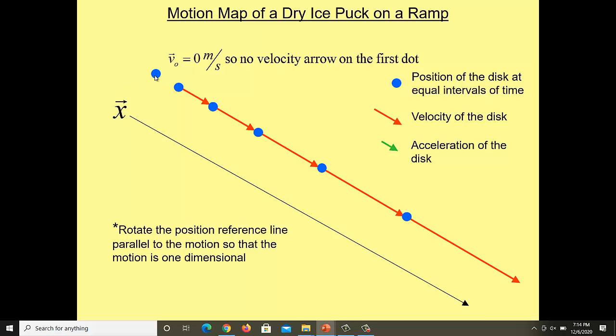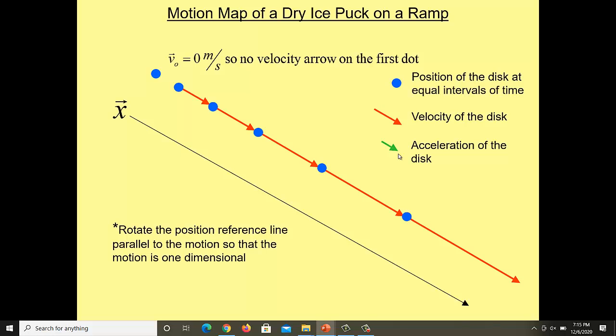Should there be an acceleration arrow for the first dot? Well, we said the first dot is 0 time, it's at 0 position, it has 0 velocity. But is it accelerating? Let's think about what it would look like if it wasn't moving and it wasn't accelerating.